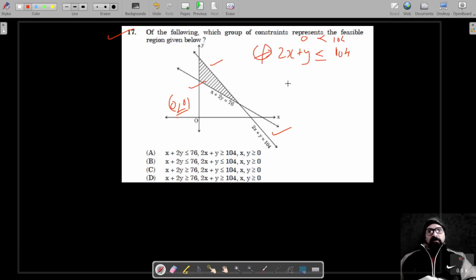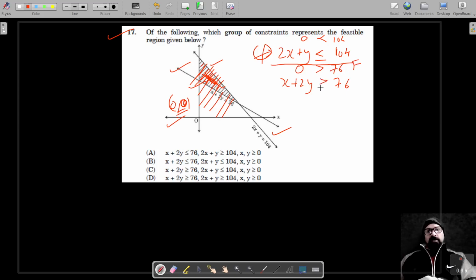For the second equation, x plus 2y is 76. For the first inequality, our solution region is towards the origin, and to get the common region for the second line, its solution region should be away from the origin. So it should not satisfy the coordinate 0, 0, since 0 greater than 76 is false.